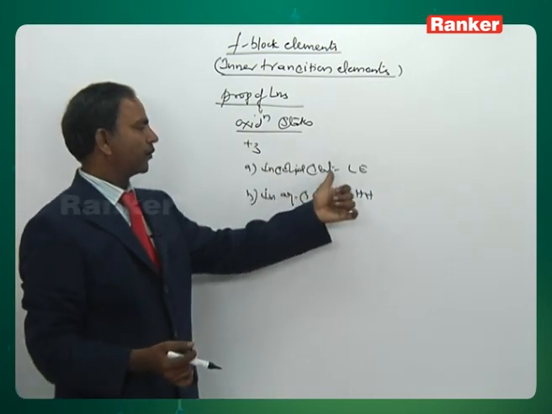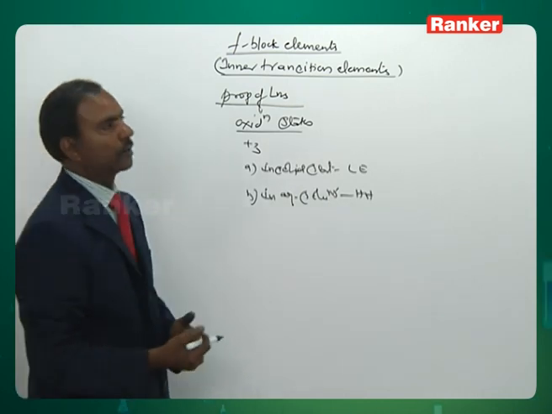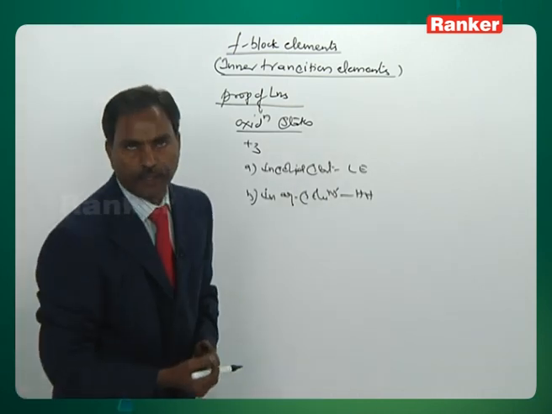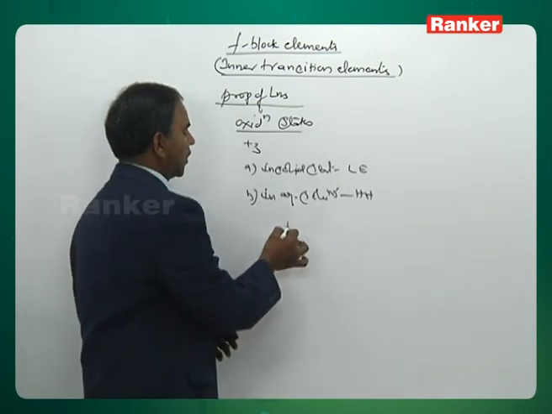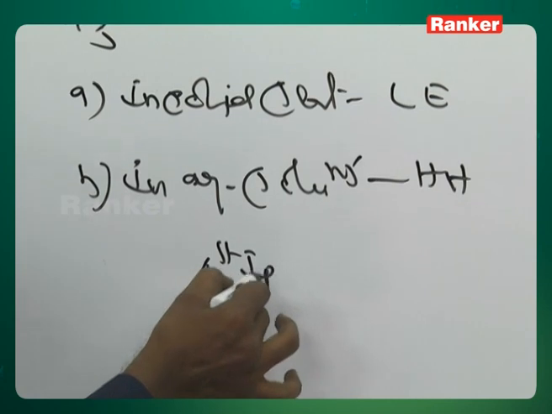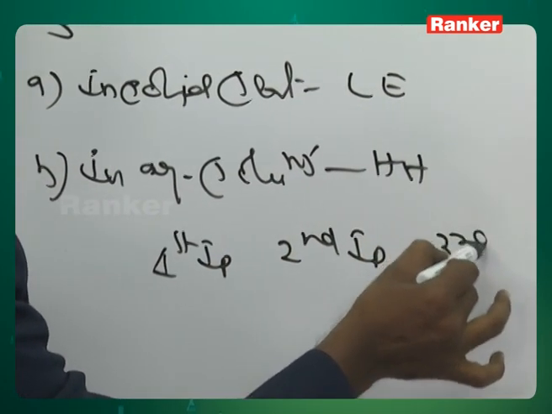These two compensate for the first three IP values: the first IP, the second IP, and the third IP.